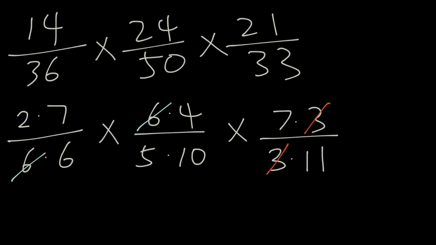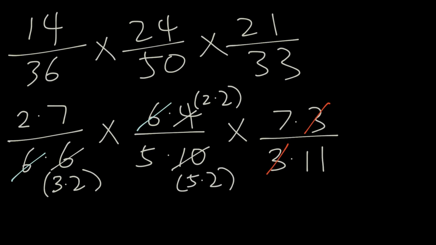Then 3 and 3. Now we can also further divide the numbers. For example, the 6 here could be 3 times 2. And the 4 here could be 2 times 2. And the 10 here could be 5 times 2.